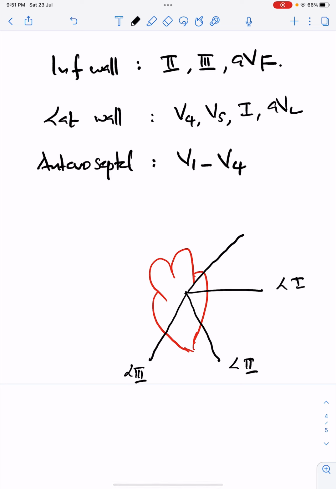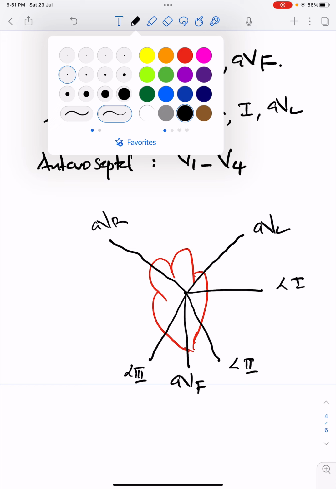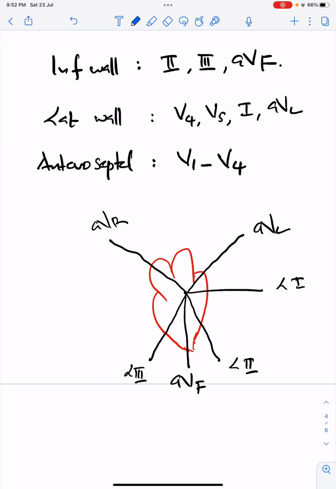And this is AVF, AVL, AVR. And the leads in the chest will be like this: V1, V2, V3, V4, V5, V6.